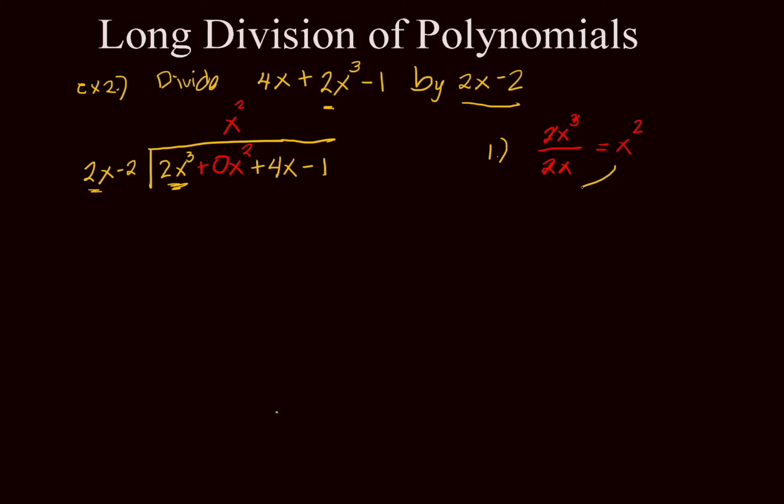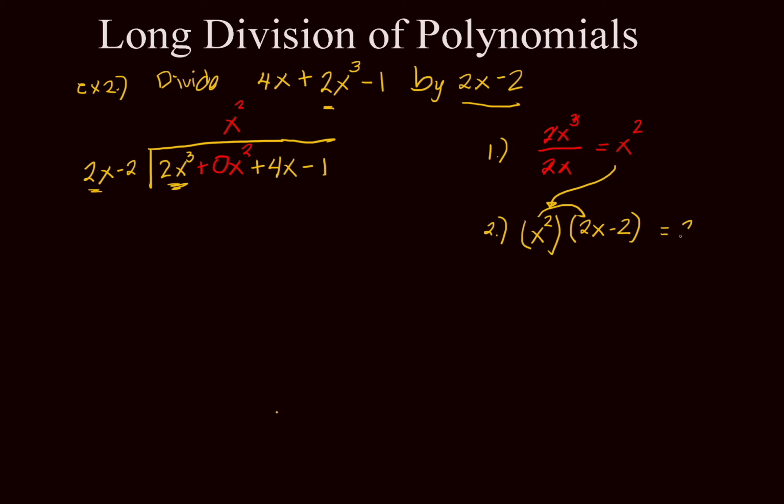So what's our next step? We are now going to use this x squared again for step number 2. We are just going to multiply our x squared to our divisor, that's 2x minus 2. Let us distribute x squared multiplied to 2x.